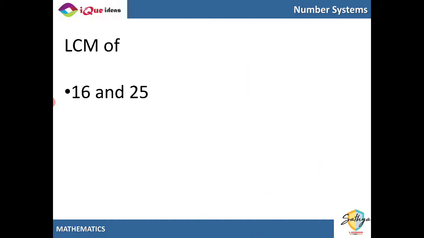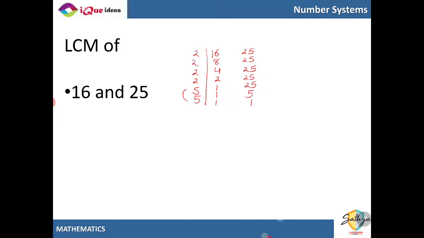Similarly, to find the LCM of 16 and 25, by division, 2 8s are 16, cannot be divided. 2 4s are 8, 2 2s are 4, 2 1s are 2. 5 1 as it is, 5 5s are 25, 5 1s are 5.